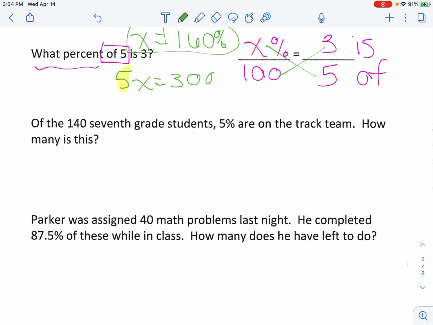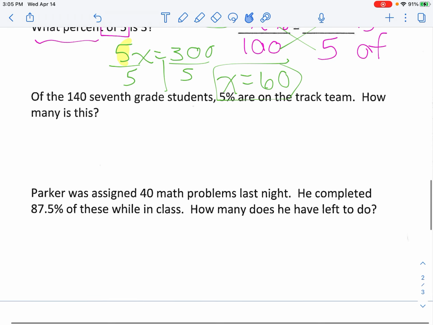Identify your coefficient. Divide both sides by 5. I'm running out of room on this one. So we're going to do 300 divided by 5 is 60. So if you got a 60% on a math quiz, that means you got 3 out of 5 problems correct.